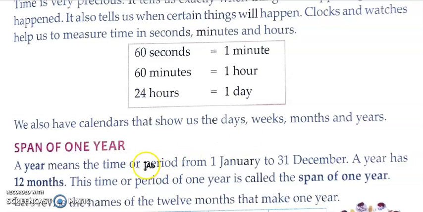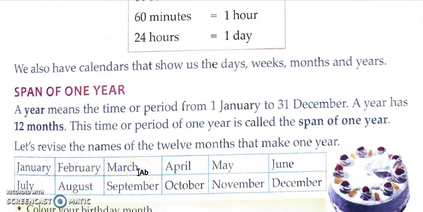Now span of 1 year. What is the meaning of span, that we will see. A year means the time or period from 1 January to 31st December. 1 year means 12 months. 1st January means first day of the first month, that is 1st January to 31st December. 31st December means last day of the last month.